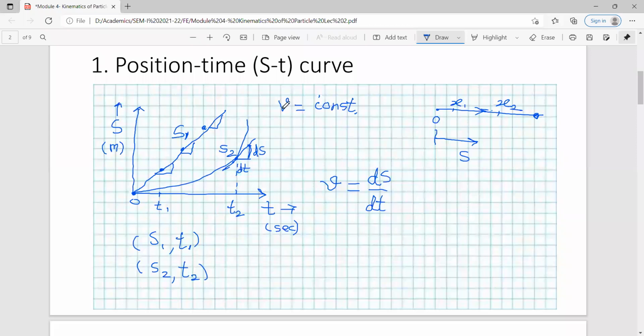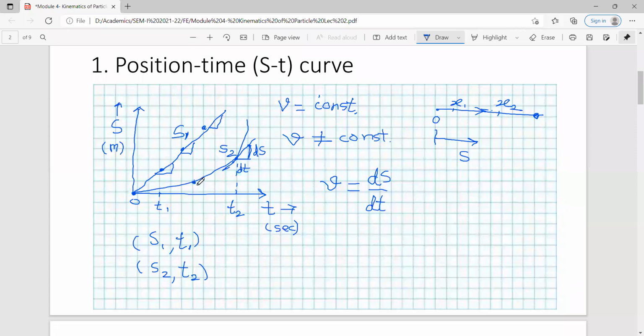But if your velocity is not constant, say in another case, then what will happen? If you measure the slope at different points of the curve, you will find that this slope will not be constant. For example, suppose I calculate the slope at this point.